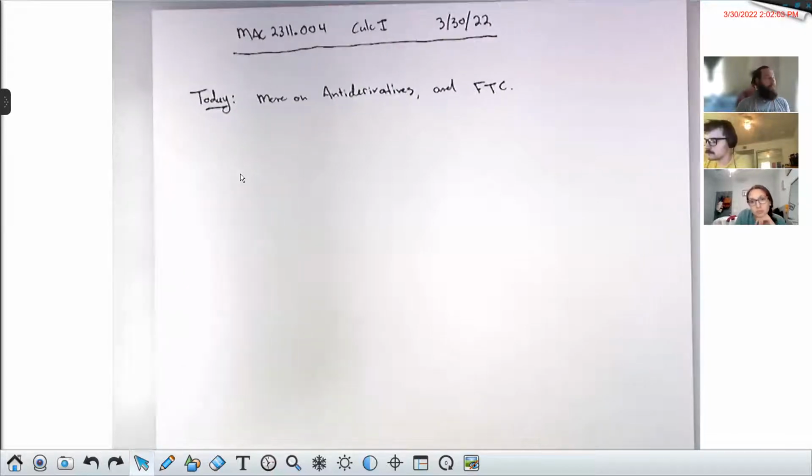Antiderivatives are exciting in the sense that at a glance, it seems like finding an antiderivative should be exactly as hard as finding a derivative.